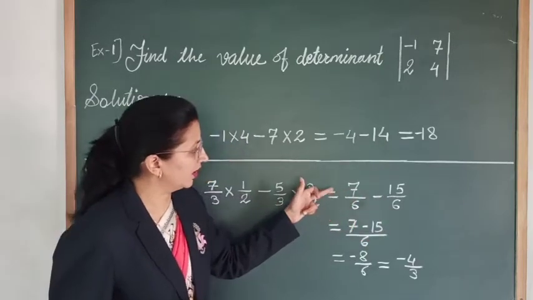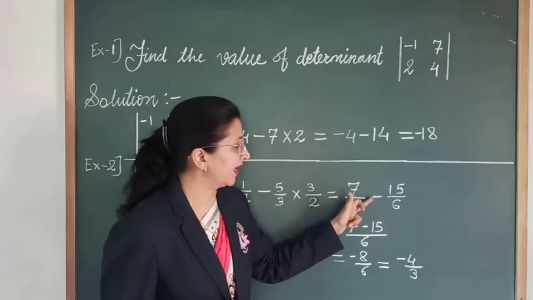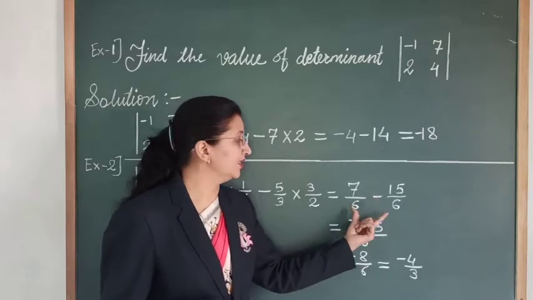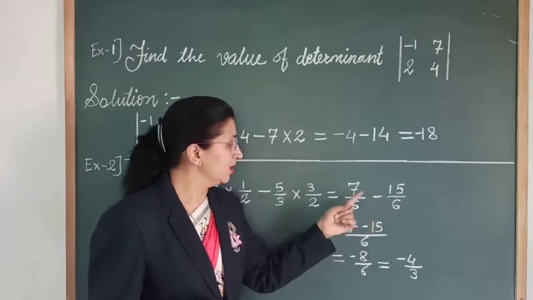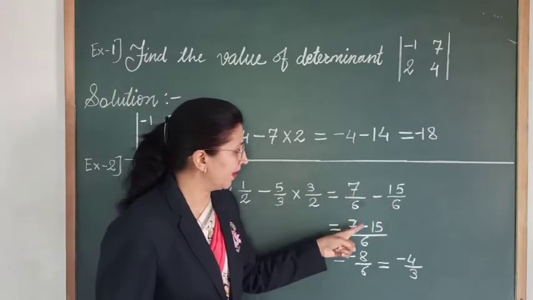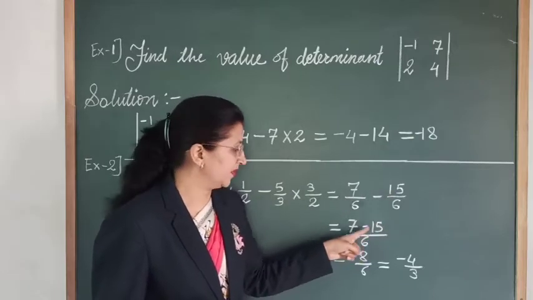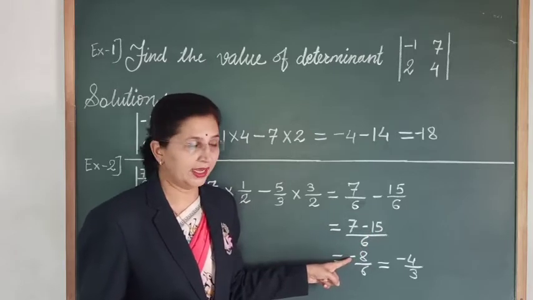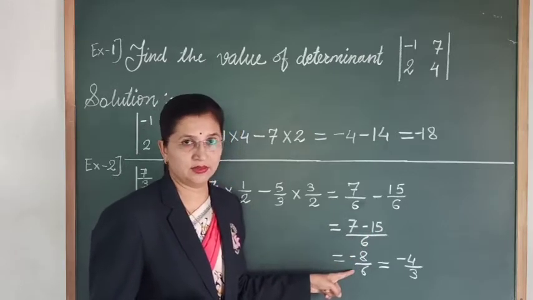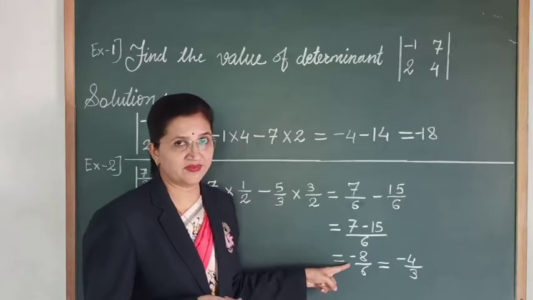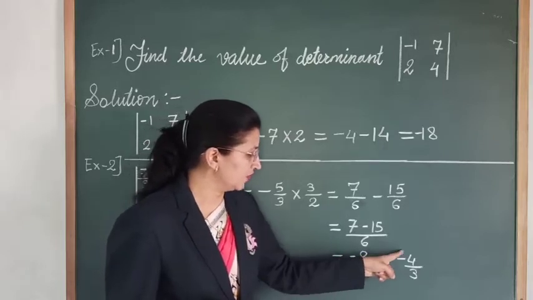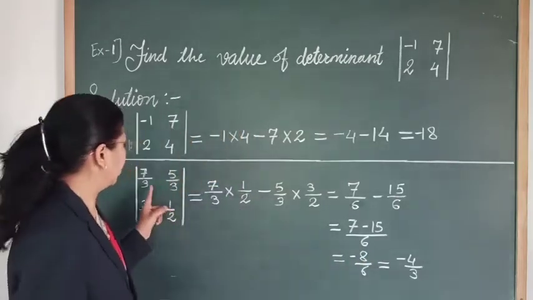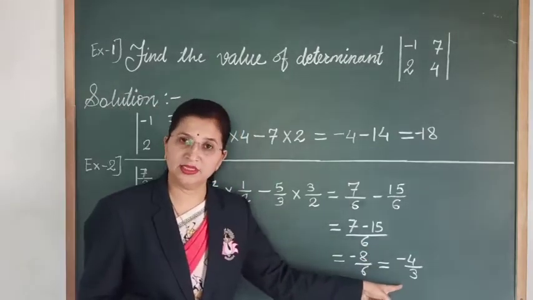So we get 7 upon 6 minus 15 upon 6. The denominators are the same, so we subtract: 7 minus 15 is negative 8, so negative 8 upon 6. It is possible to reduce, so dividing by 2 we get the value of this determinant as negative 4 upon 3.